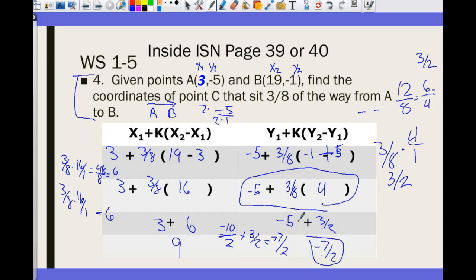If you want to. No one ever believes me, but fractions are so much easier to use than decimals. Okay, and that's the correct actual answer. How I want you to report this is C, because that's the point we're looking for, is parentheses 9, comma -7 over 2. Okay, or -3.5.